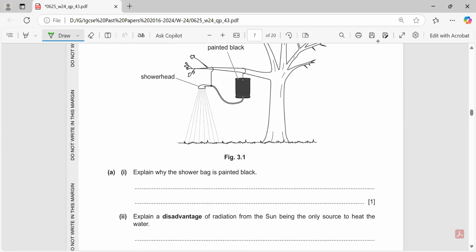The shower bag is painted black. Of course, a very simple answer: black color is a good absorber of infrared radiations.